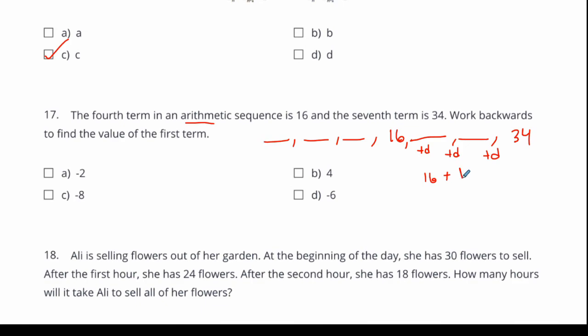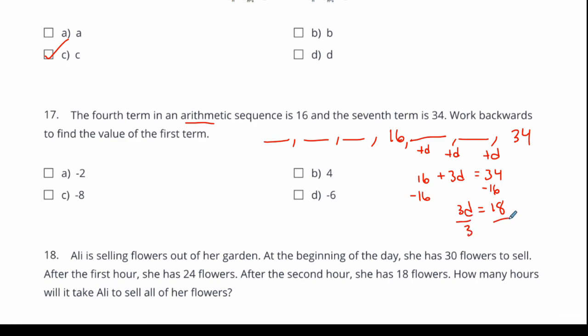So if we want to solve for D, we could set up an equation here. 16 plus 3D equals 34. You could also think about the steps you're taking to get to 34, right? It's 3 steps to get to 34. Subtract 16. Those 3 steps cover a distance of 18.